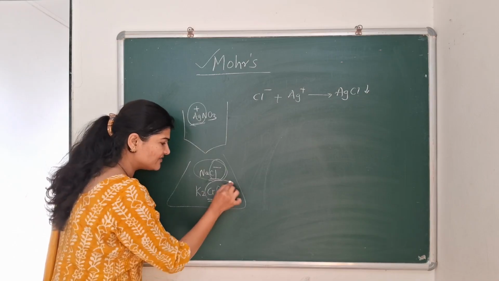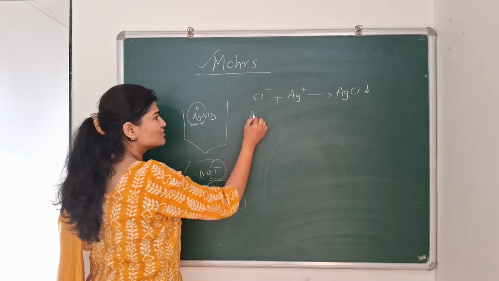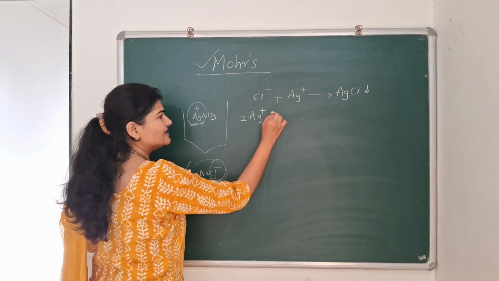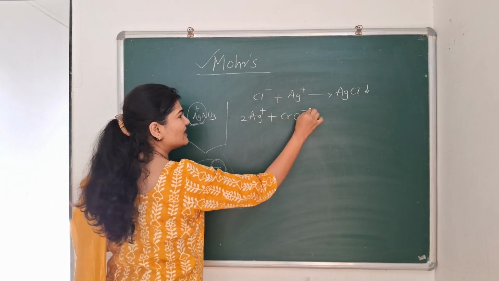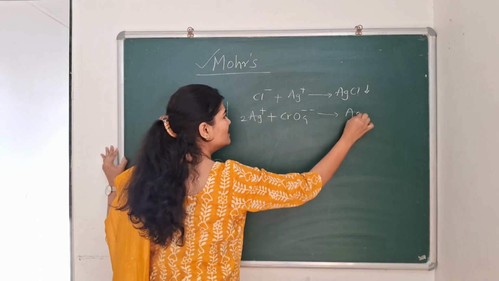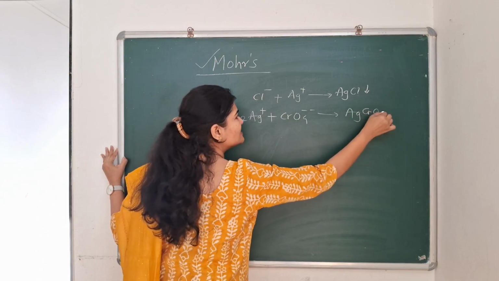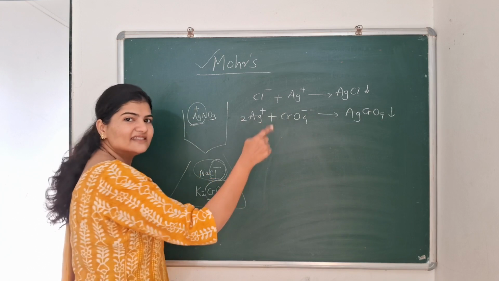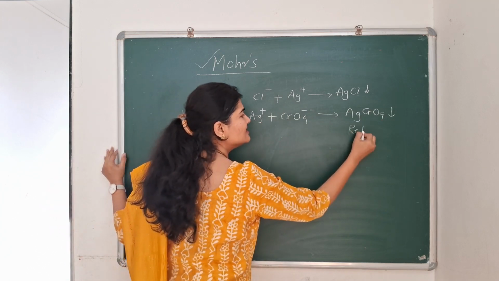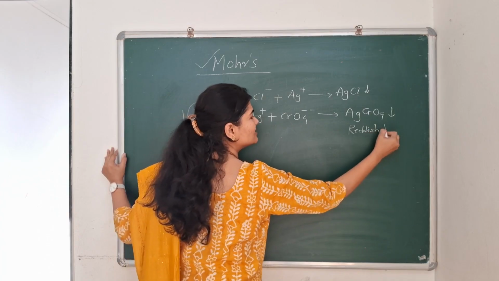So it will react with the chromate ions. So now when Ag plus ions react with chromate ions, they are going to form the PPT of silver chromate, and this silver chromate PPT is reddish brown in color.